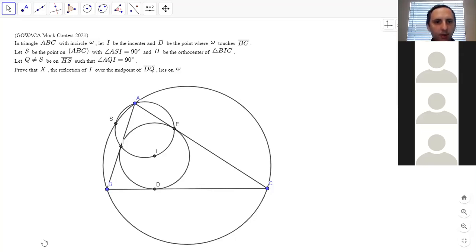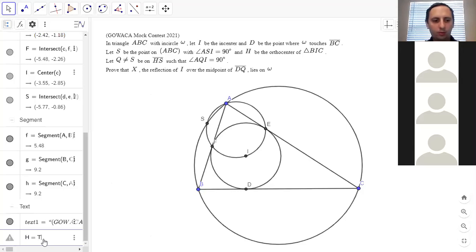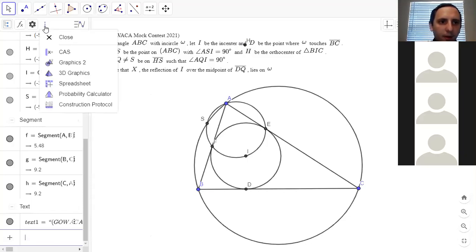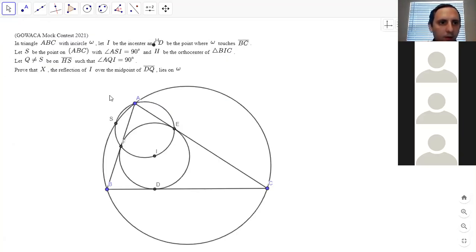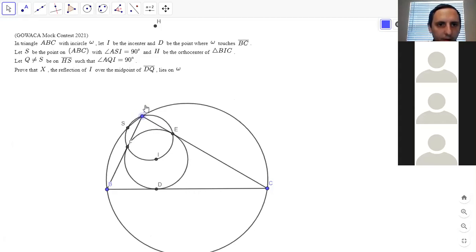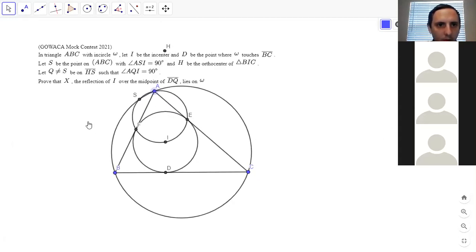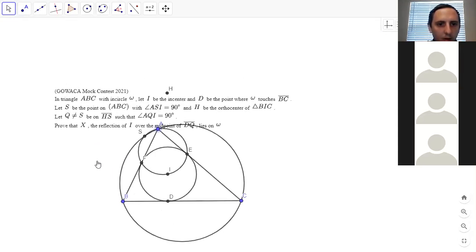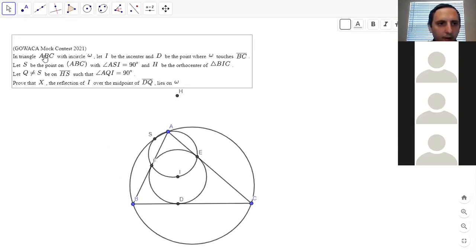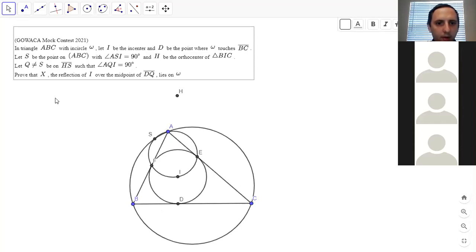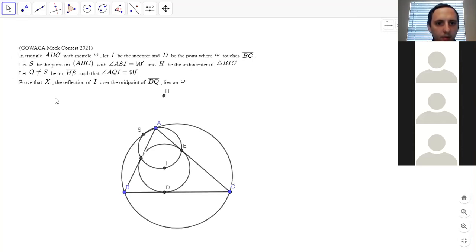So H is the orthocenter. Oh, it's all the way up there. Wow. Q is on HS, so that AQI is 90 degrees.